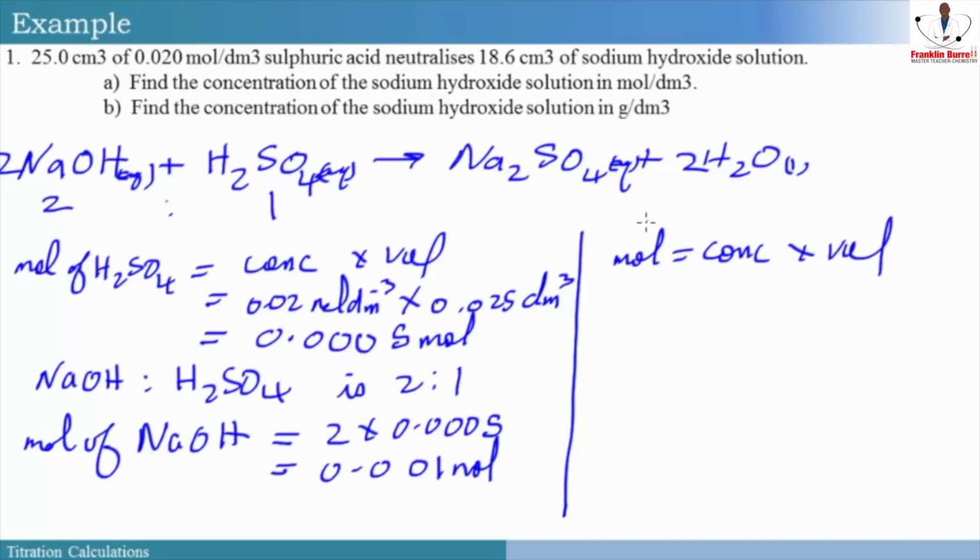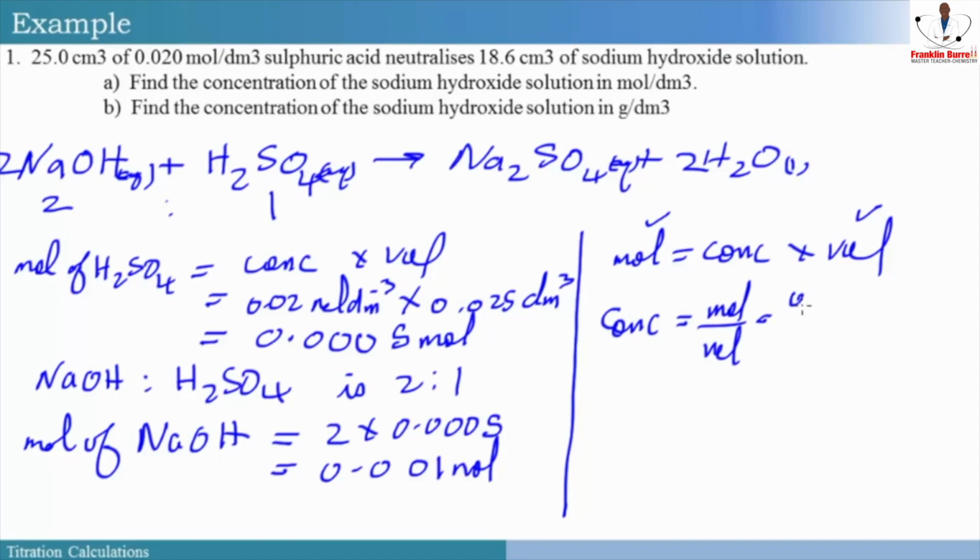But we know the moles of sodium hydroxide now to be 0.001, and we know the volume to be 18.6 cm cube, which we will convert to dm cube. So we can make concentration the subject of the formula. So concentration is equal to moles over volume.